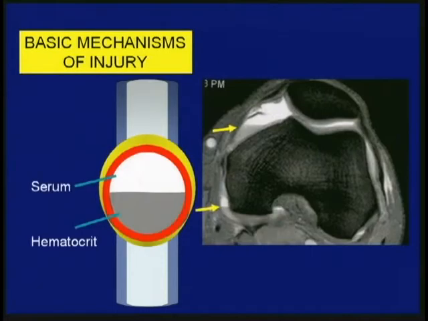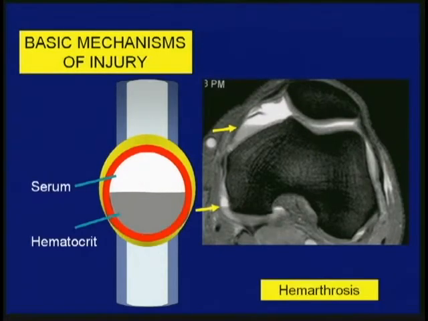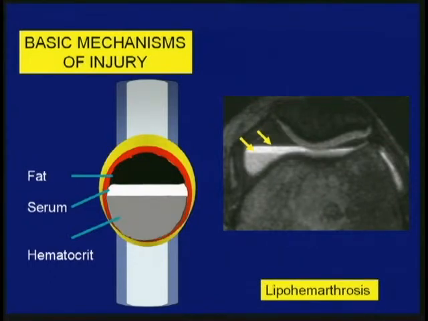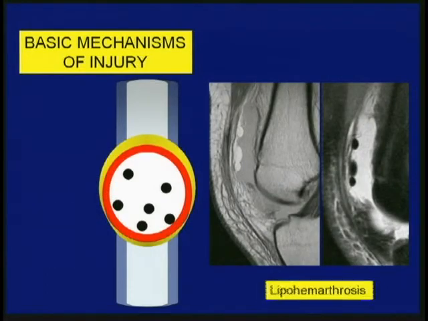Just to give you an idea, the hemarthrosis with the 2 layers and 1 fluid level, serum and hematocrit. The lipohemarthrosis we spoke about yesterday with those 3 layers, 2 fluid levels, fat, serum, and hematocrit. And the point I made yesterday, the bubbles of fat that may be released into the effusion, shown here at the top of the effusion.